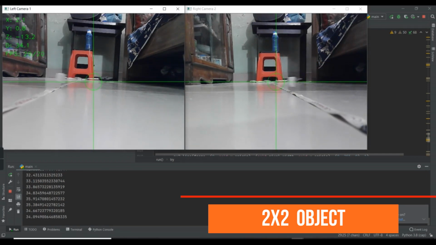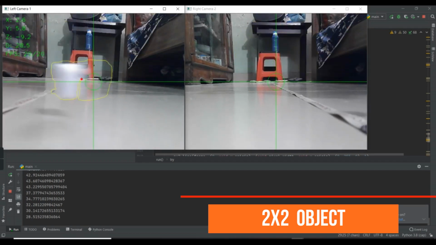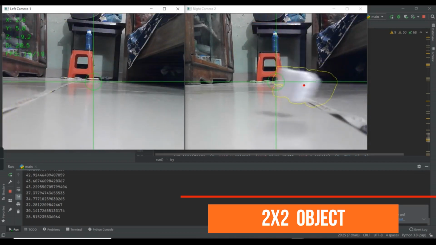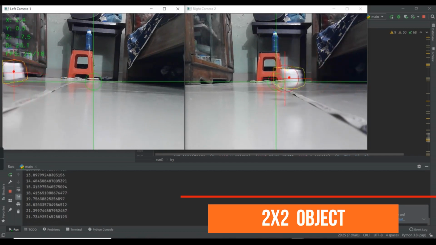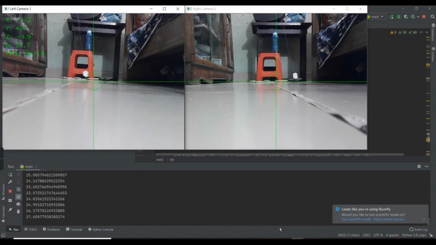Now camera cannot detect the object. See, if a 2 by 2 object is moved very far from our camera, it cannot detect its distance.